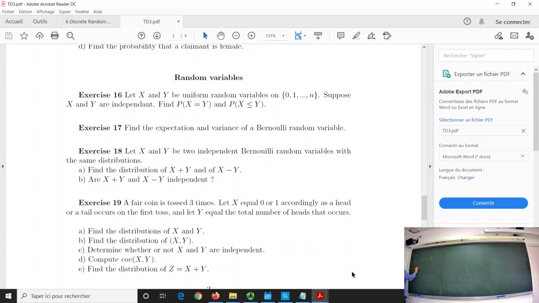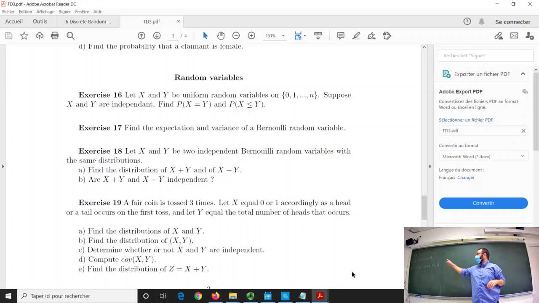And what can you say about this probability? What is the probability that X is equal to k, which is the same as the probability that Y is equal to k? Be careful. When you have a finite set, the uniform probability is the one that gives probability 1 over the number of elements to each element of my set.